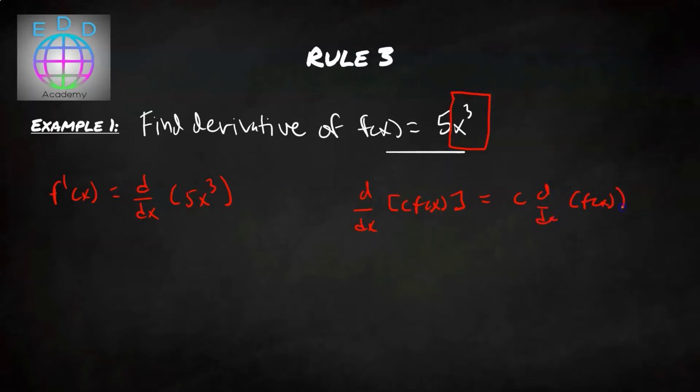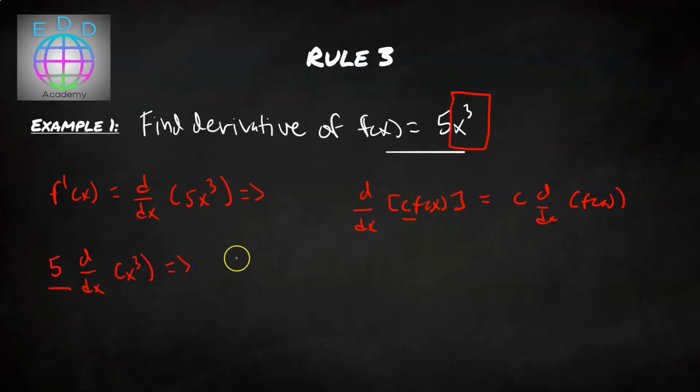Okay, so as you can see here, in this case, 5 is our c value and x cubed is our f of x. So we can rewrite this as 5 times d/dx of x cubed. Once again, noting that the 5, the constant, wouldn't have any impact on the derivative.